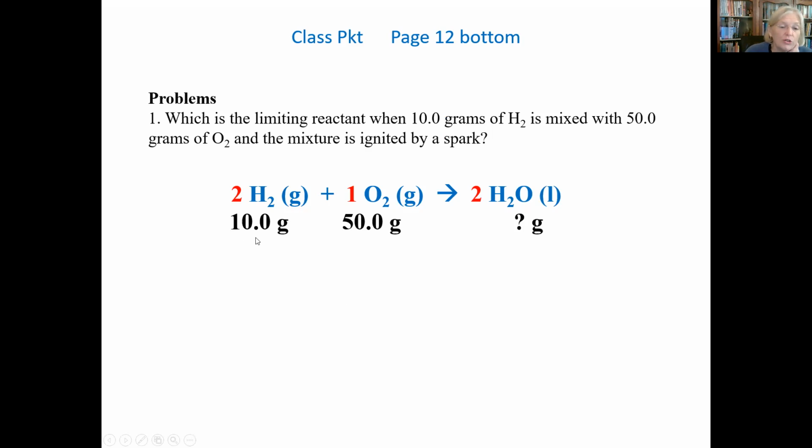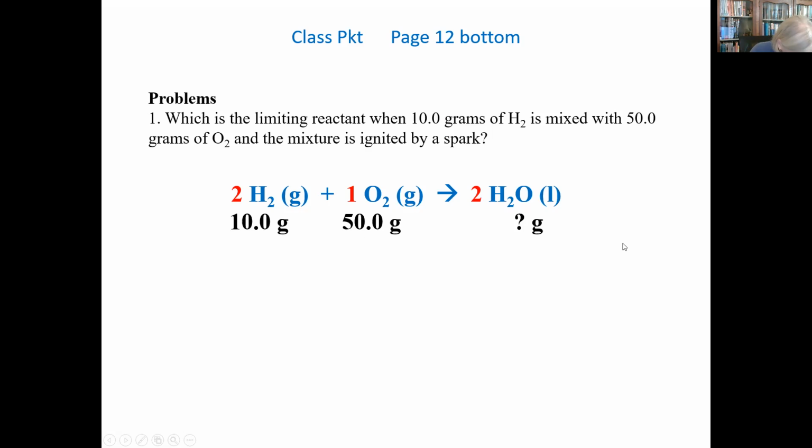Whenever you see 2 quantities of reagents, you know it's a limiting reagent problem. How much water are you going to make? Will it be the amount of hydrogen that limits the amount of water that's made? Or will it be the amount of oxygen provided in this problem that limits the amount of water that's made?